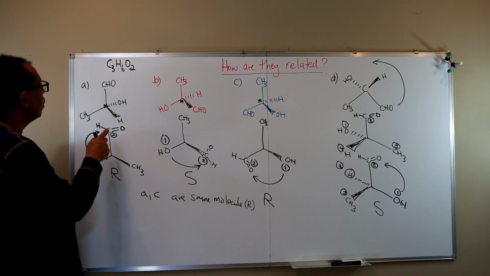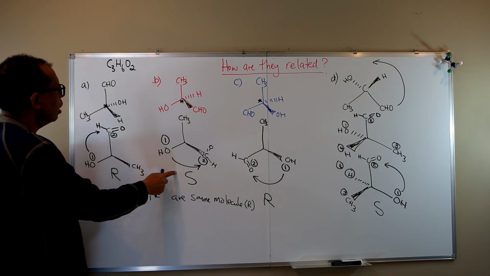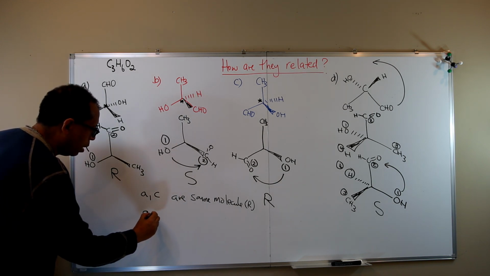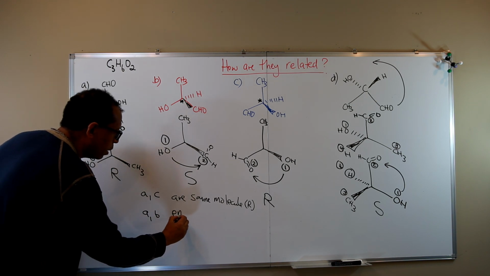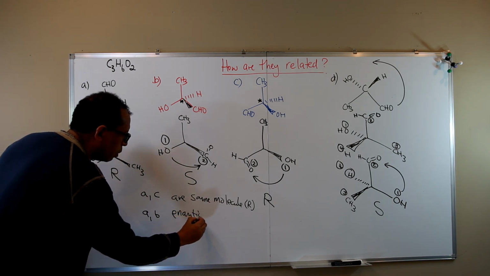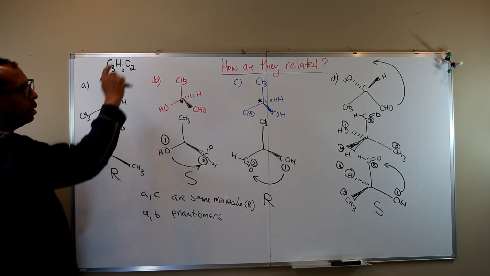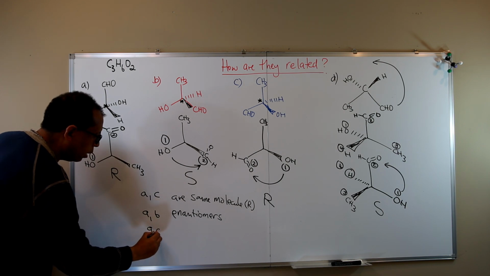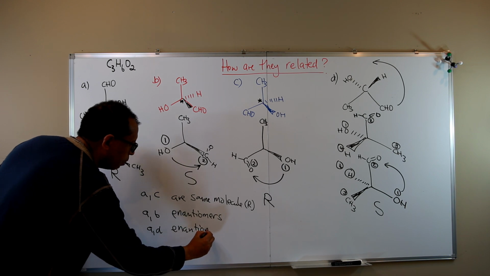So if you just take A and B, A and B are enantiomers. A and D are also enantiomers. A and D are enantiomers, mirror images, right?